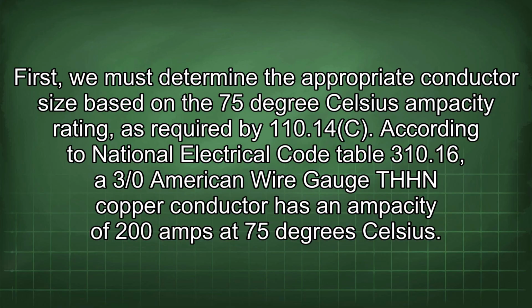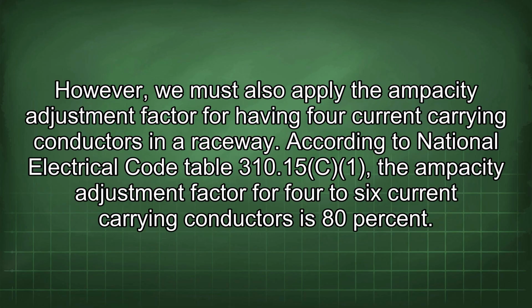as required by 110.14(C). According to National Electrical Code Table 310.16, a 3/0 American wire gauge THHN copper conductor has an ampacity of 200 amps at 75 degrees Celsius. However, we must also apply the ampacity adjustment factor for having 4 current-carrying conductors in a raceway.